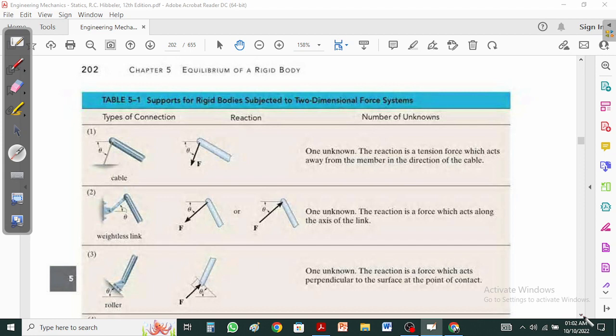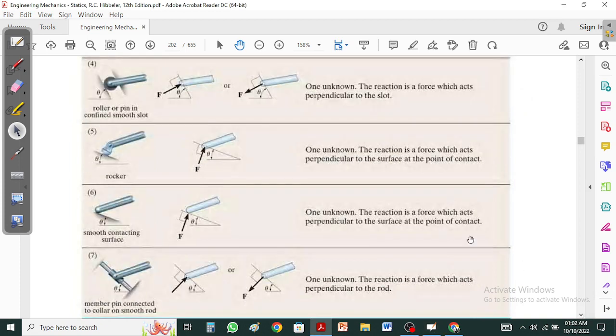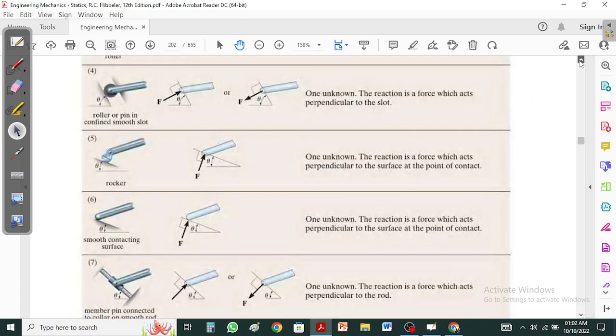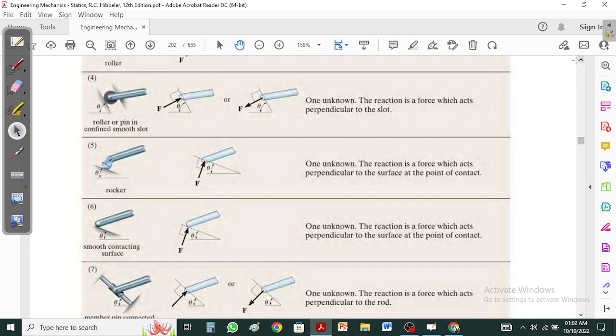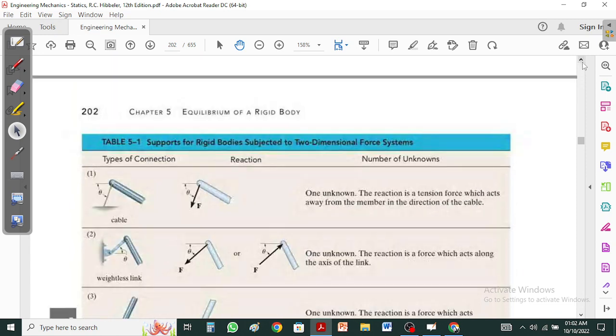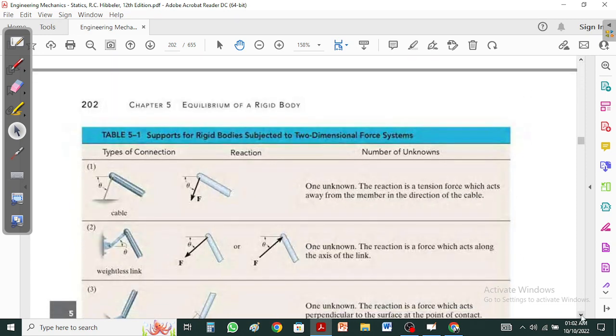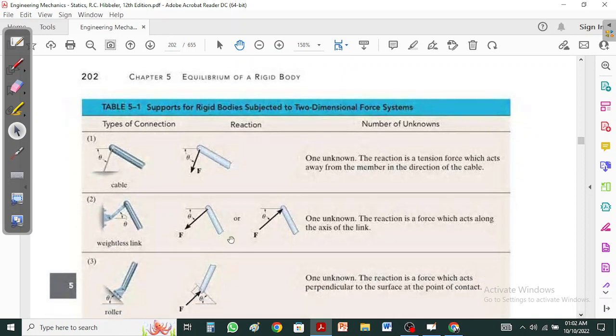Then he says that if you have a roller, it will also give you one reaction.